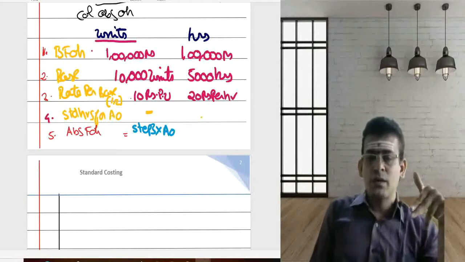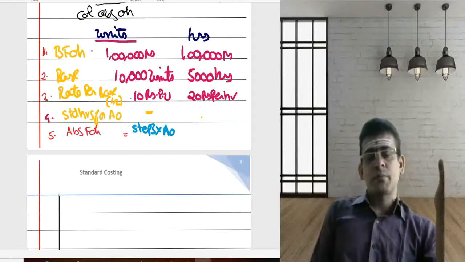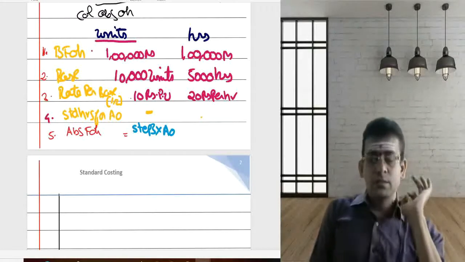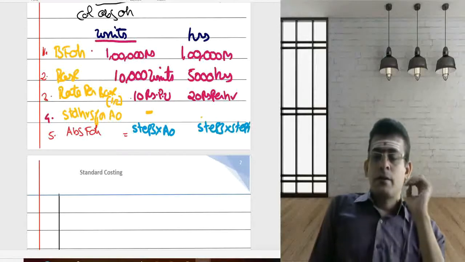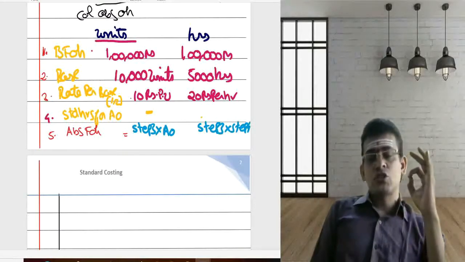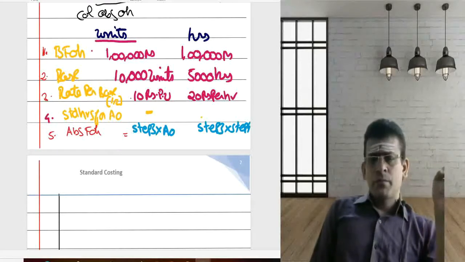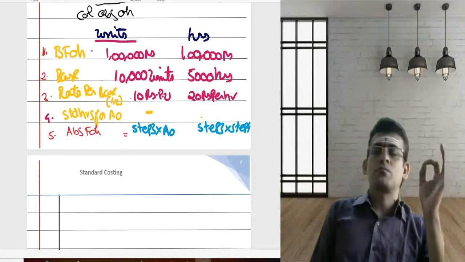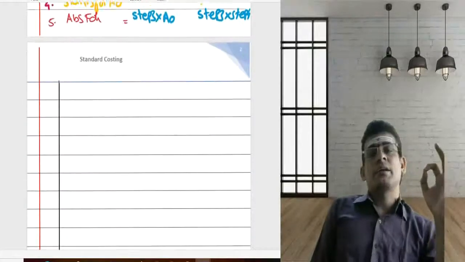Then 20,000 at 10 rupees gives me my absorbed overheads as 2 lakhs. If I calculate based upon hours, then how do I calculate? Step 3 into step 4. Based upon units, step 3 into actual output. Based on hours, step 3 into step 4. That gives you the absorbed fixed overheads. So that's one of the most important things you need to calculate.